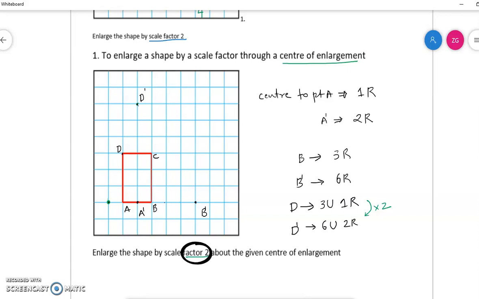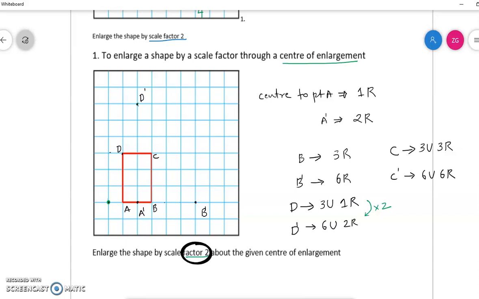The last point is point C. Point C from the center is 3 up and 3 right. My C dash will be times 2, that is 6 up, 6 right.